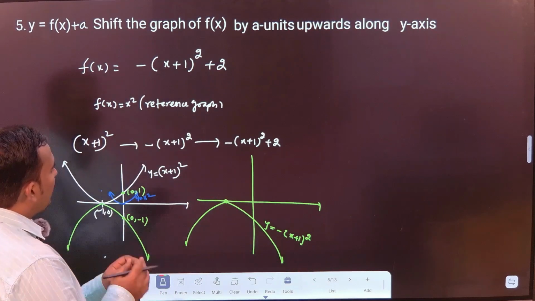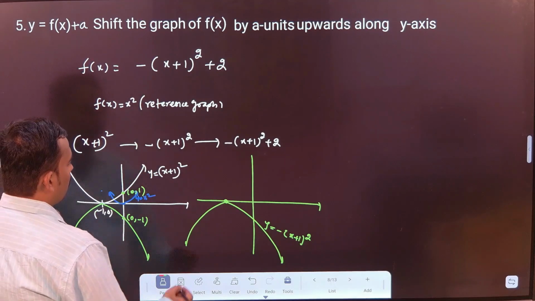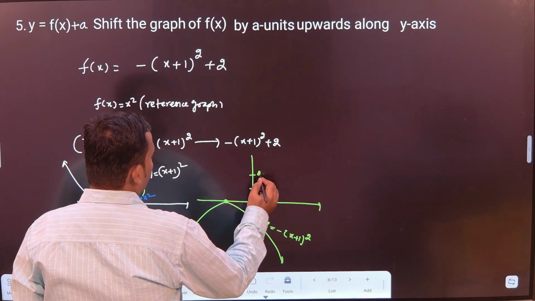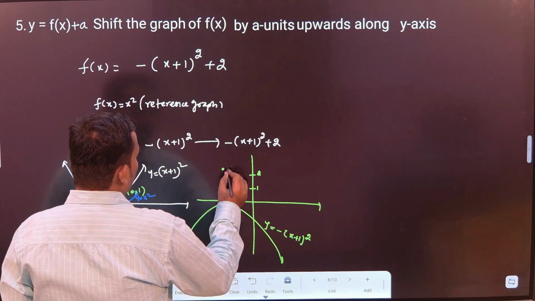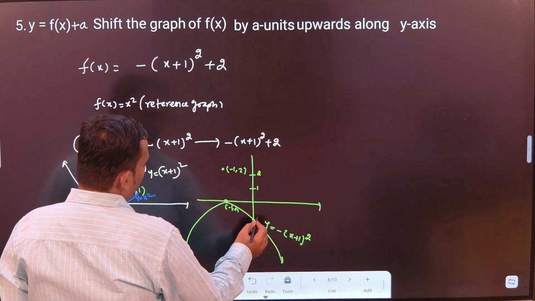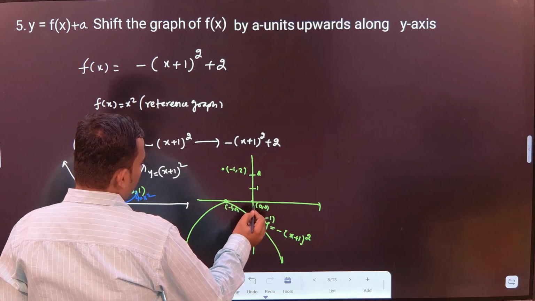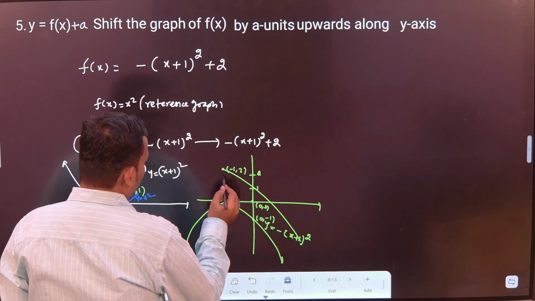Now what you can do, you can add 2. You have to shift the graph 2 units up. So here is 1, here is 2. This will be minus 1 comma 0. This is minus 1 comma 2. This point is 0 comma minus 1. This is 0 comma 0. This is 1 unit. This is 2 units, right? The graph will be going like this.